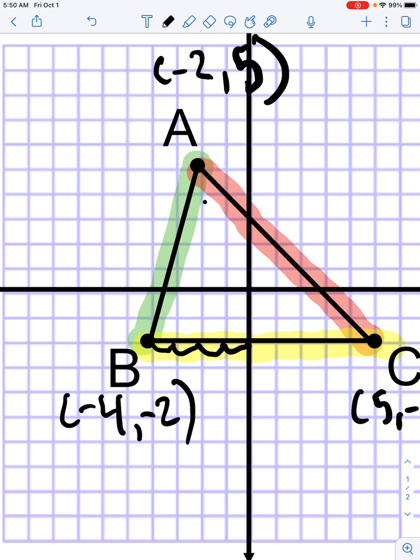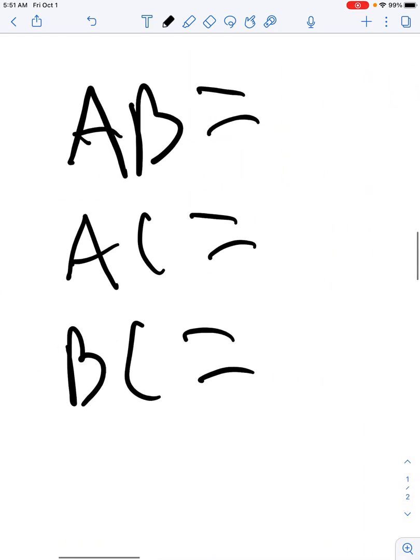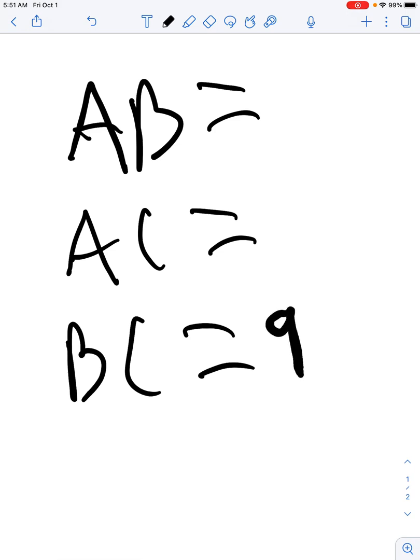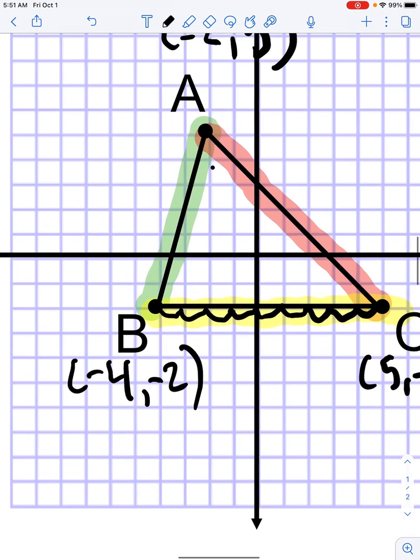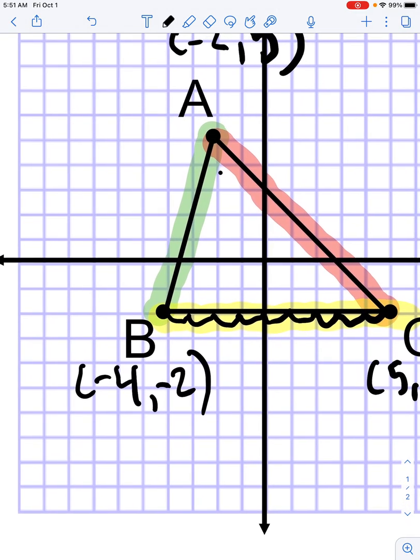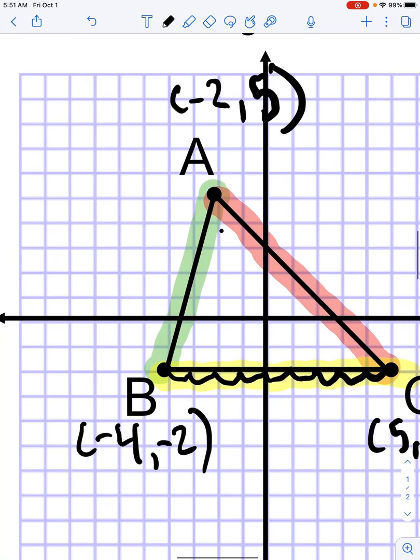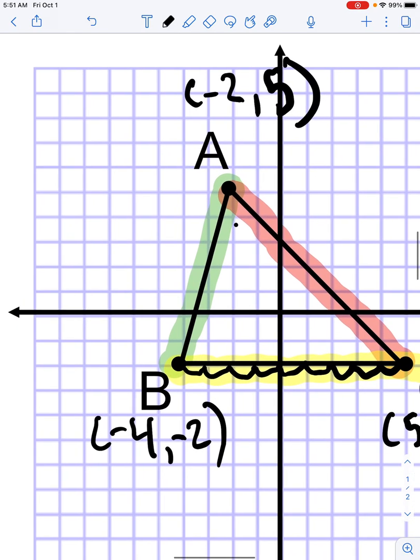I can count 1, 2, 3, 4, 5, 6, 7, 8, 9. So I know that the length of BC is 9. However, AB and AC are a little bit trickier because if it goes horizontal or vertical, I can count, but these are at an angle.